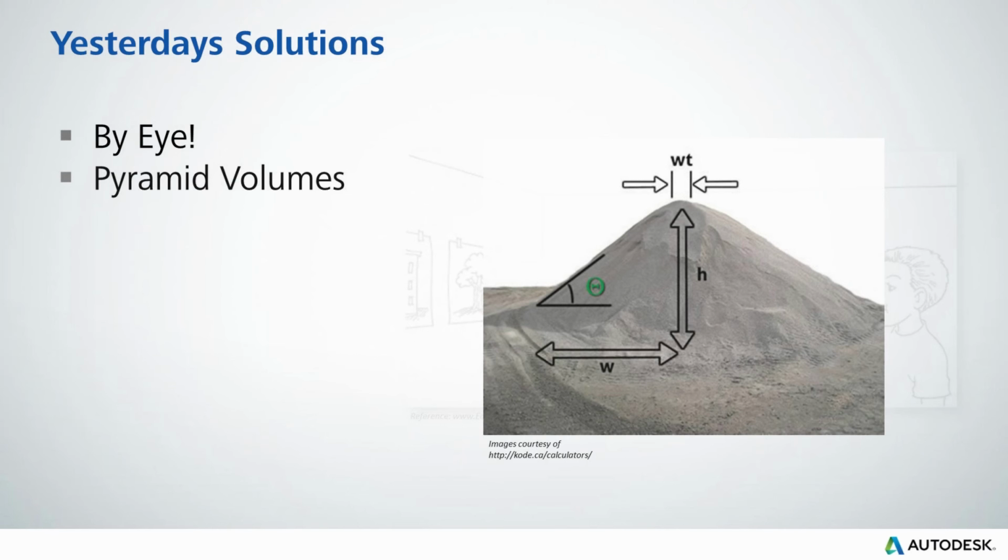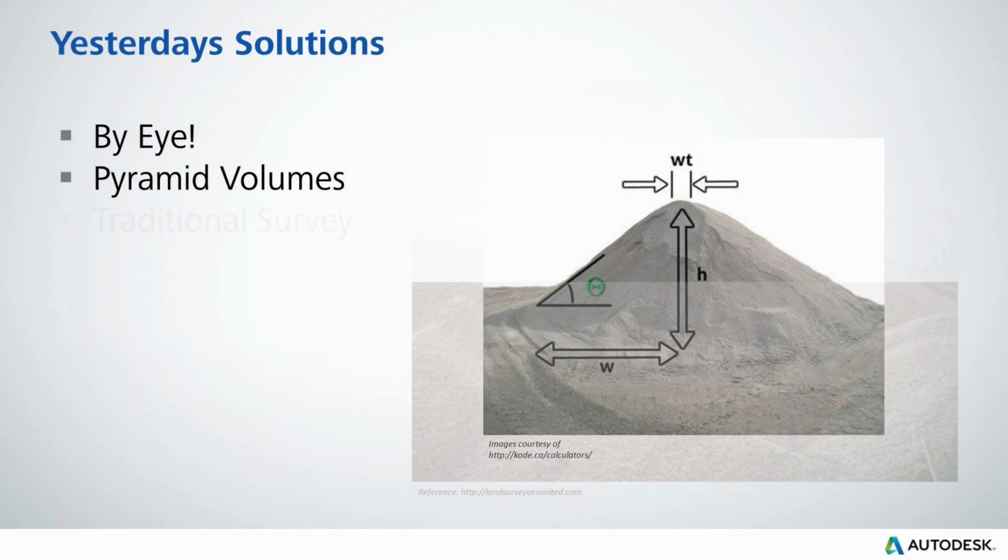We'll talk about that. Another way is to take the period volume approach, where it's a series of calculating the angle, the width of the top of your stockpile, the radius of the bottom, and then the height, and using these values to come up with an approximate volume.